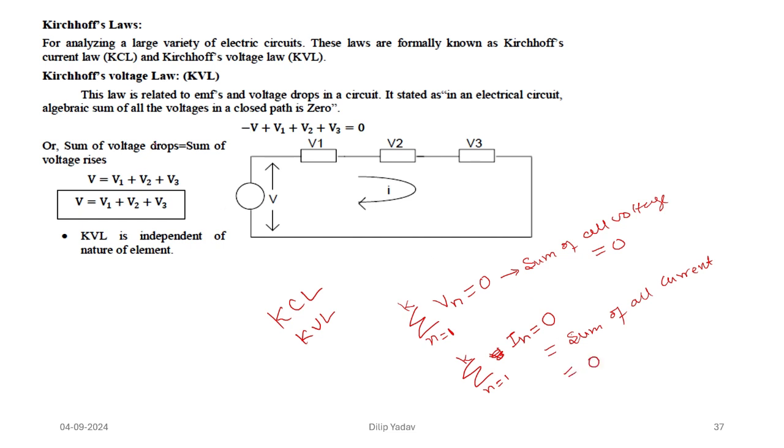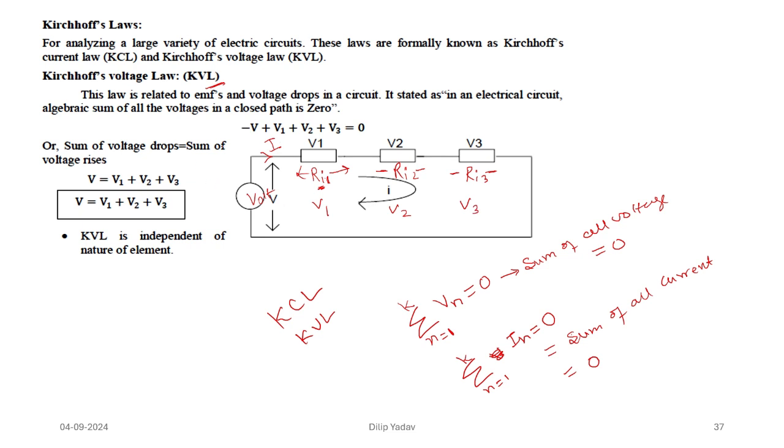So this is the KVL equation we have taken, and this was the circuit, having V volt, and this is R with I1, this is R with I2, and this is R with I3. The current I remains the same in series, but the voltages across these will be V1, V2 and V3.